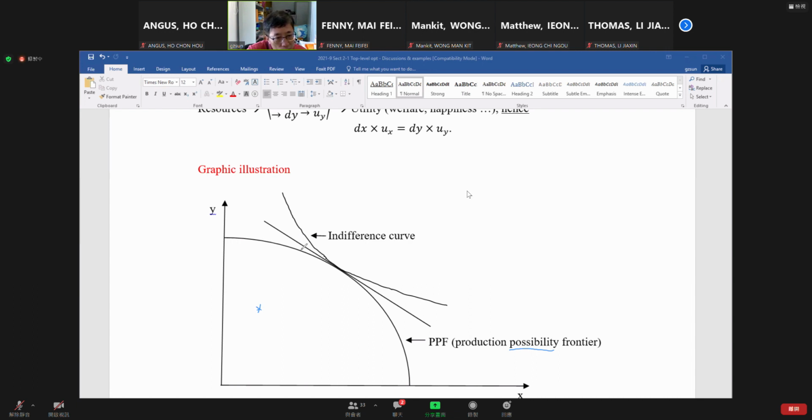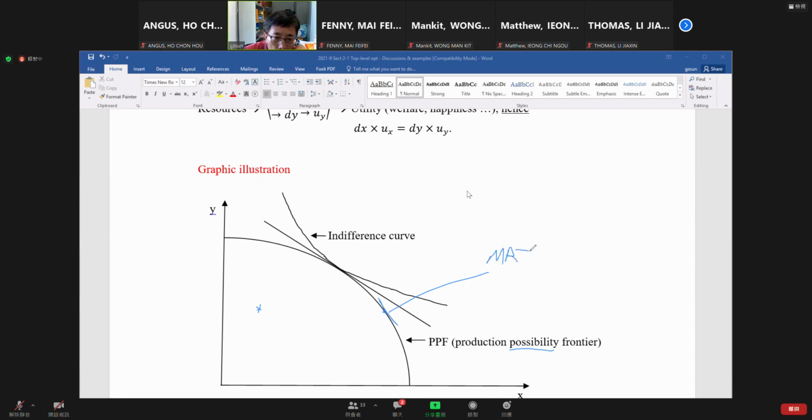So altogether, this is a curve. And this curve is not necessarily concave, but here we draw the curve as concave, just for discussing. Okay. And then the marginal rate, for example, if you draw the tangent line at this point along the curve, the slope of this straight line will be the marginal rate of transformation.